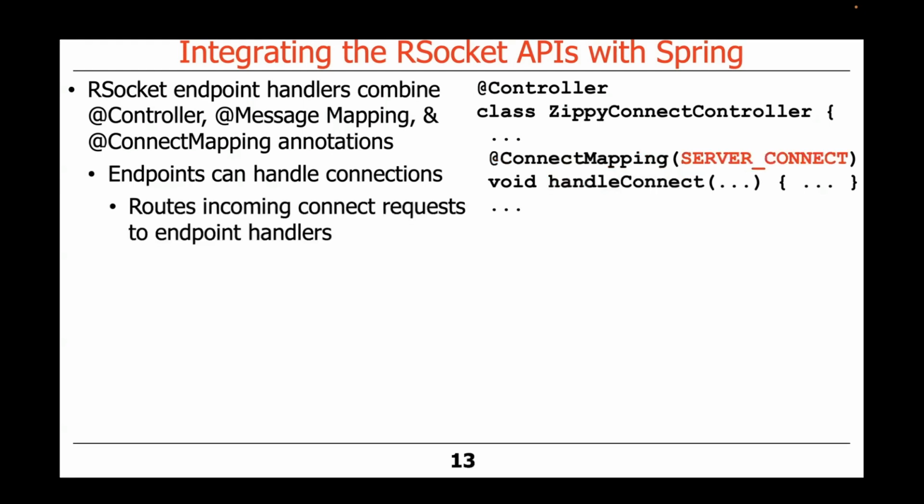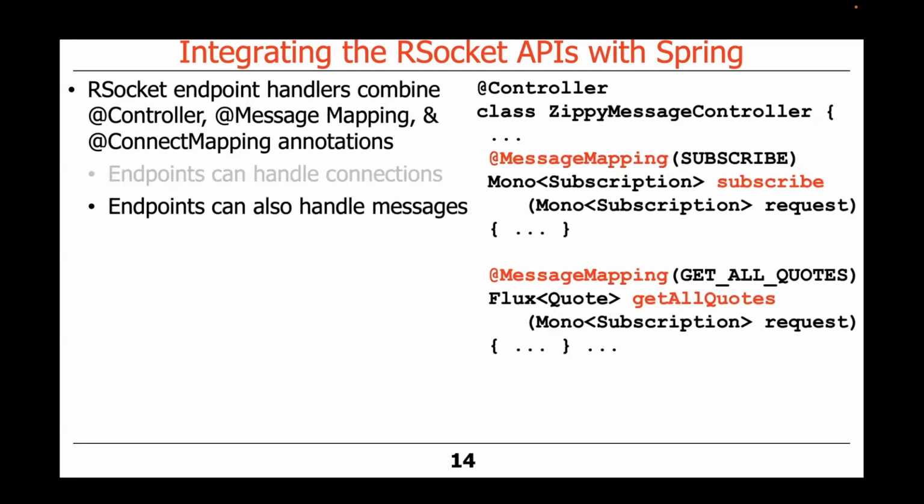And of course, you designate them by passing with the message, as part of the metadata, the name of the endpoint connect mapper. In this case, it would be server connect, which is just a string. This is used by the Spring RSocket implementation to route the incoming connection request to the appropriate handler.